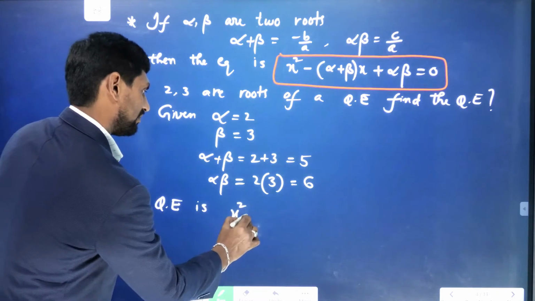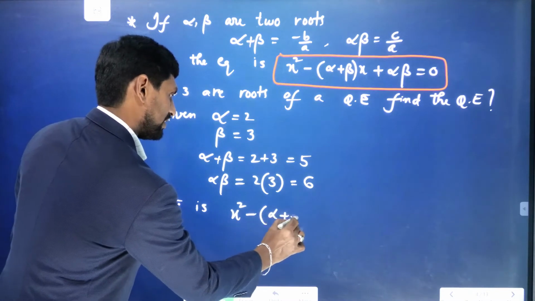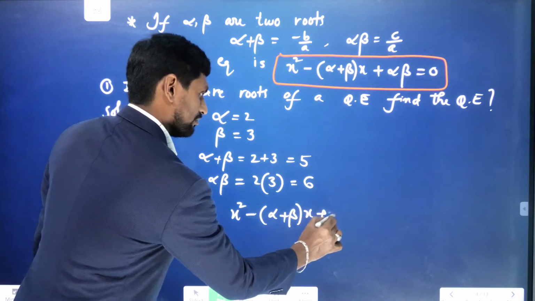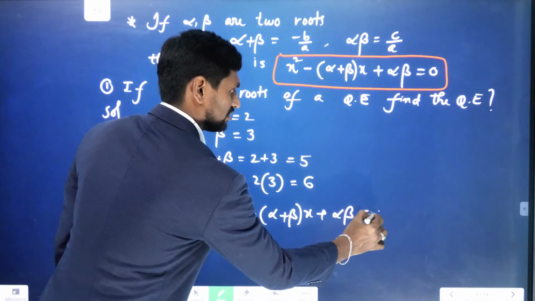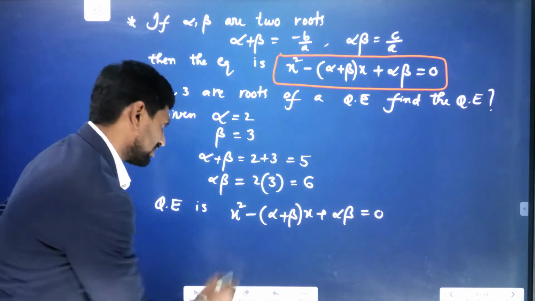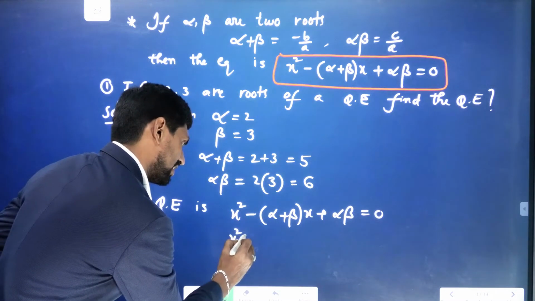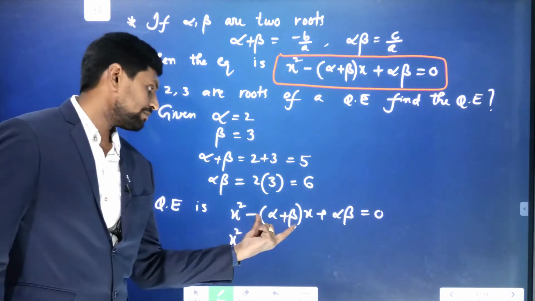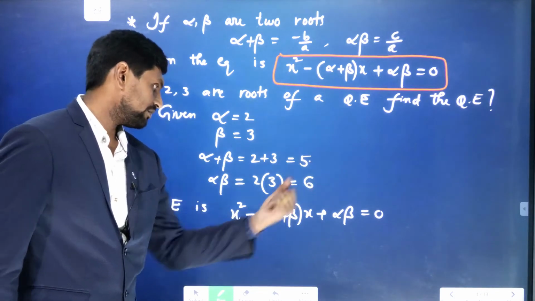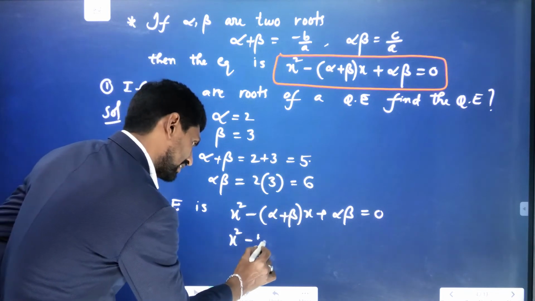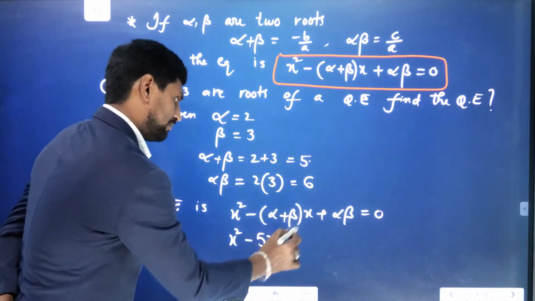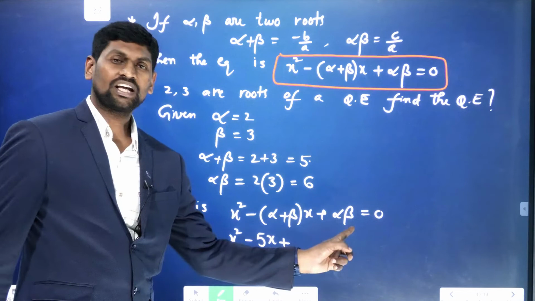Therefore the quadratic equation is x square minus (alpha plus beta) x plus alpha beta equal to 0. Substitute the values: x square as it is, minus 5 into x, that is 5x, plus alpha into beta value, 6.